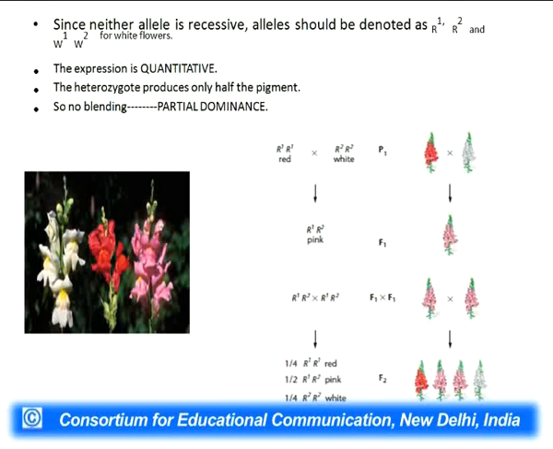So, it would be more appropriate, and in the modern context, the geneticists believe that we should now dispense with the notation of the symbols as capital R and small r. Instead, one should now go in terms of R1, R2.